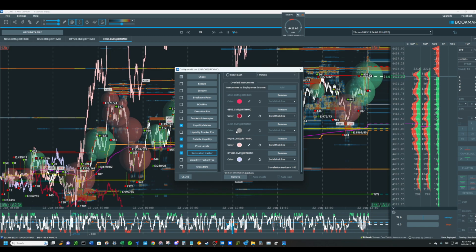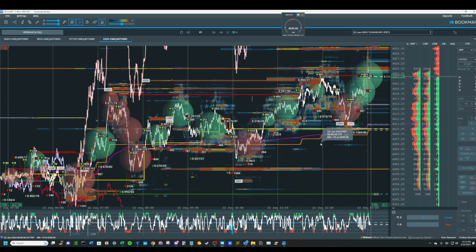Yeah, it's just taking a while. Just gotta give it another second here. Okay, you can see the colors here. The burgundy for the euro dollar. We've got pink for NQ and light purple for RTY.